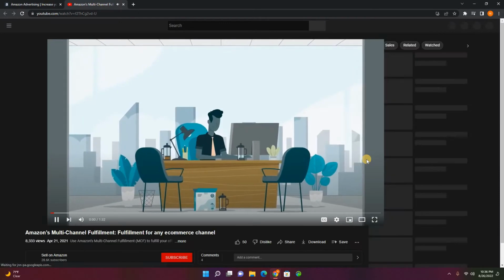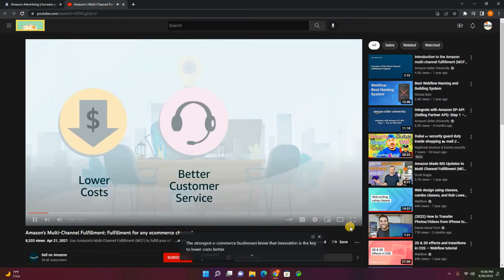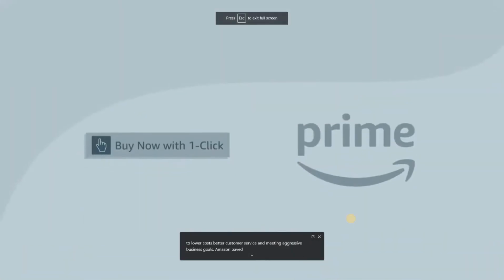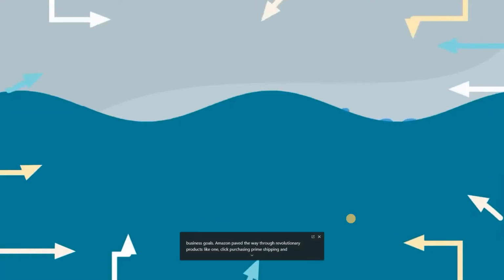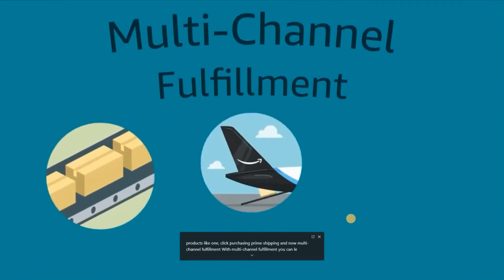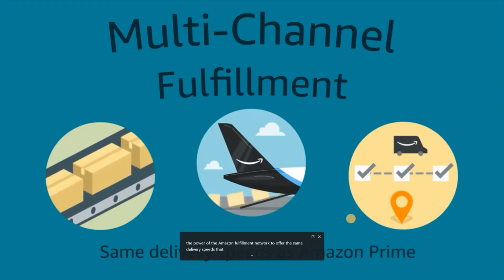The strongest e-commerce businesses know that innovation is the key to lower costs, better customer service, and meeting aggressive business goals. Amazon paved the way through revolutionary products like one-click purchasing, Prime shipping, and now, multi-channel fulfillment. With multi-channel fulfillment, you can leverage the power of the Amazon Fulfillment Network to offer the same delivery speeds that power Amazon Prime.